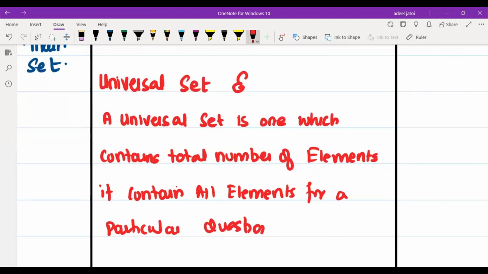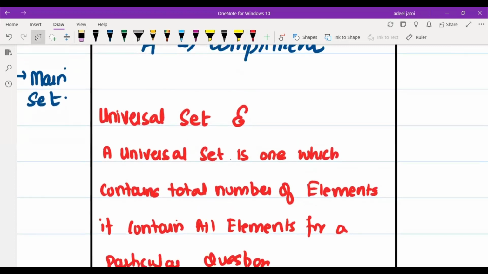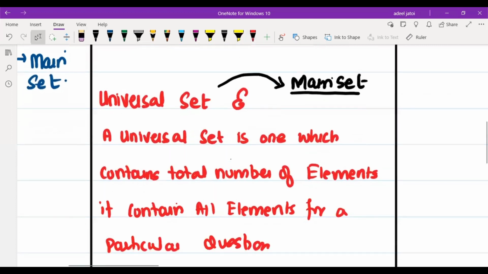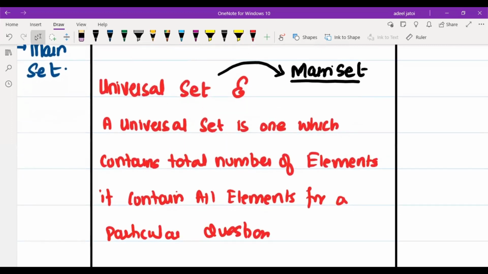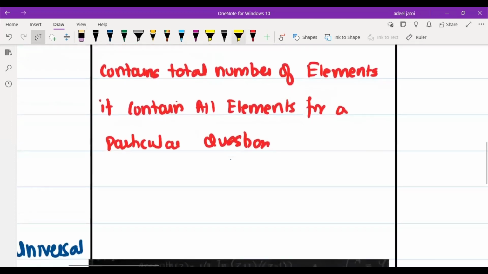As I said earlier, I normally consider this the main set, because from this set the other sets are created. So if you have a value in the universal set, then only you will have a value in the normal set. If you do not have a value in the universal set, then you will not have the value in the normal set.